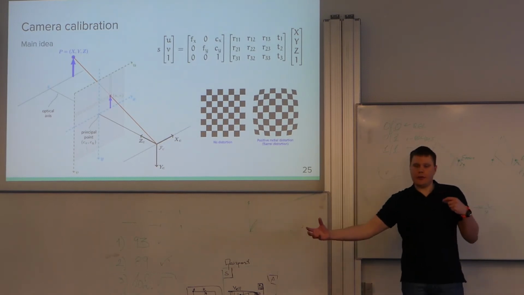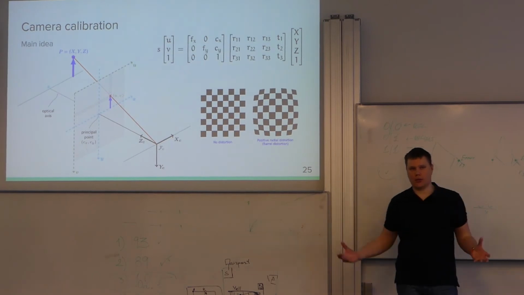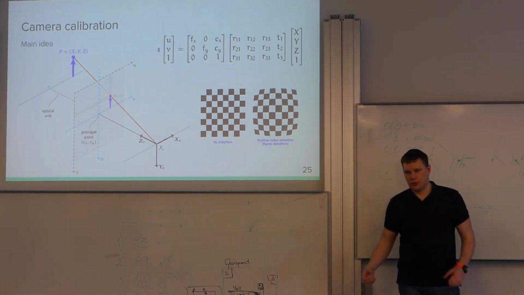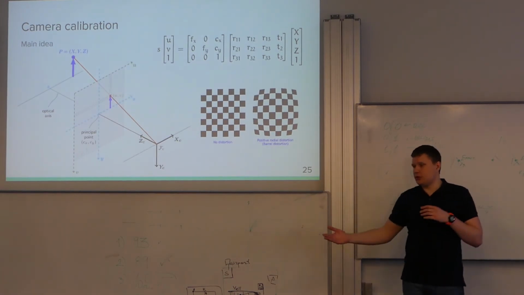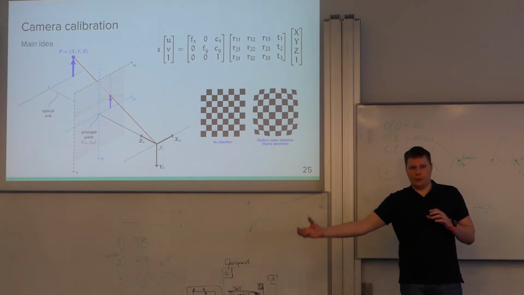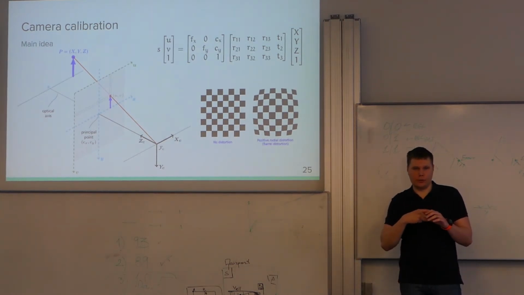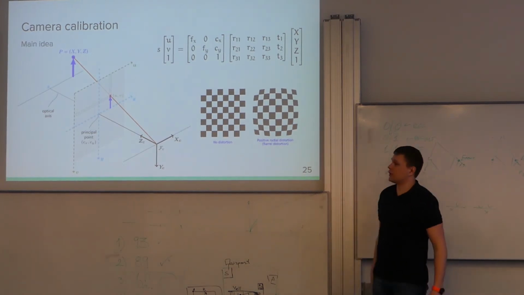But our camera and our object are somehow placed in the 3D scene, and they have some relative position. And we need to go from the local system of the object to the local system of the camera. And the first matrix does this.